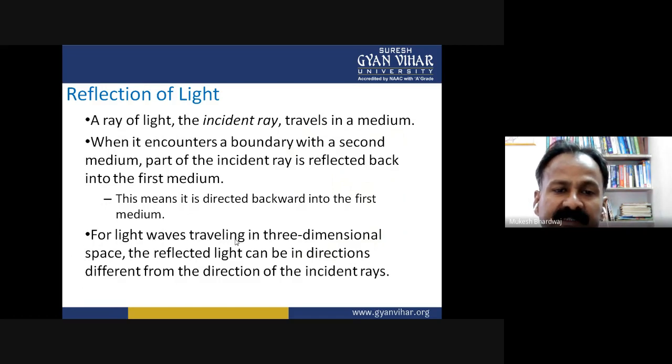This means it is directed backward into the first medium. For light waves traveling in three-dimensional space, the reflected light can be in directions different from the direction of the incident rays.